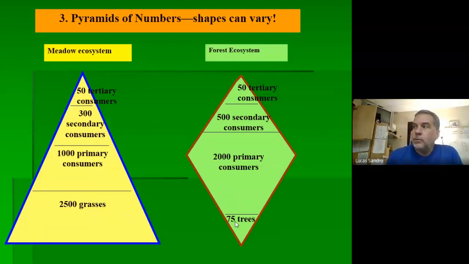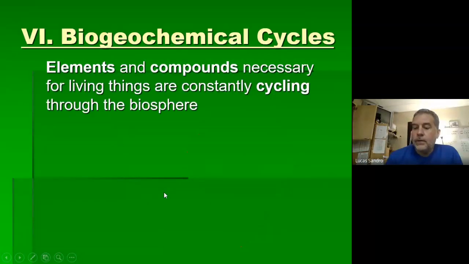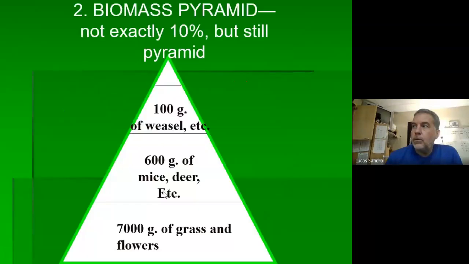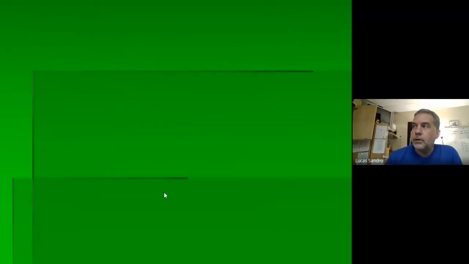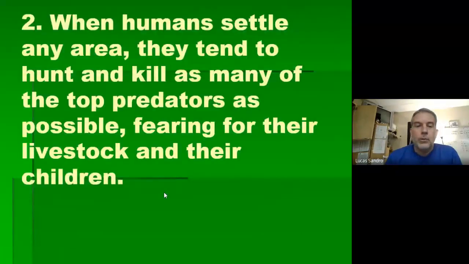Final thing here is we can use this concept to really understand this question that you started with in your intro activity, that humans like to kill predators. It's just kind of part of our nature. We see a predator, we worry about our children and our pets, and we try to kill it. And the question is, why was that so easy?